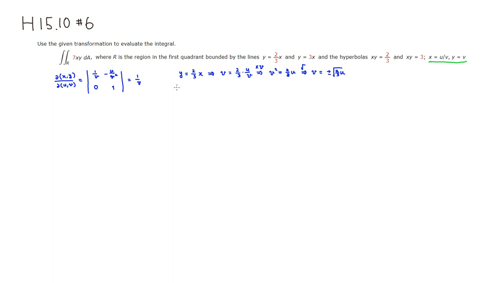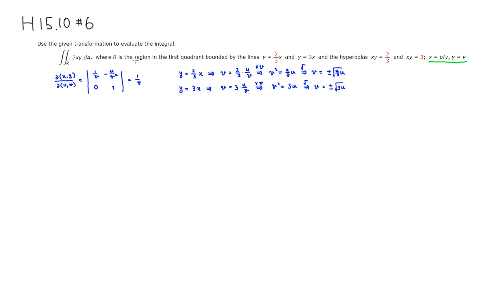Similarly, we can rewrite y equals 3x. Then y is v, and 3 times x is u over v. Again, multiply by v to get v squared equals 3u. Then we take the square root, and v is equal to plus or minus the square root of 3u.